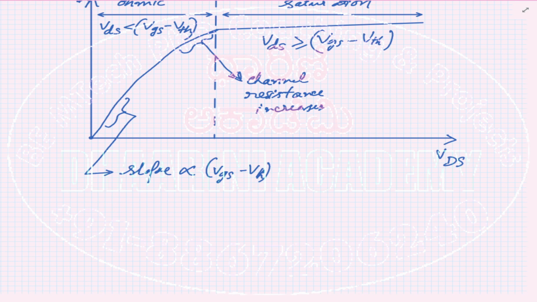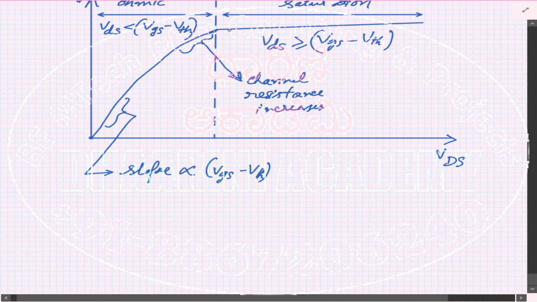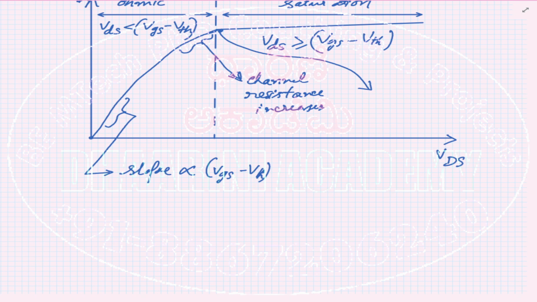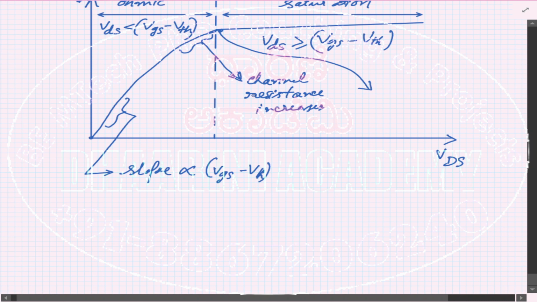Okay, then I'm going to write the last point, that is exactly at this point, the point where the saturation region enters. The curve enters saturation region, in the sense that here current becomes a constant because VGS has no effect on the channel, right? Initially, when you increase the VGS, there is an increase in the channel width.